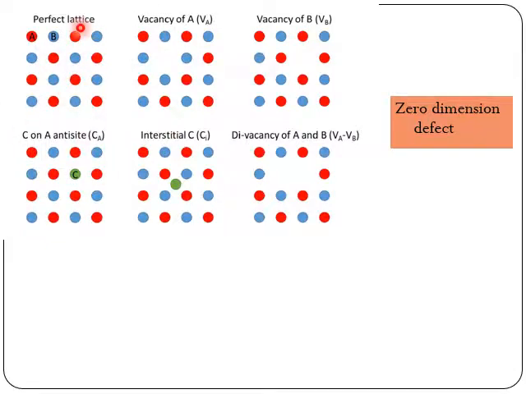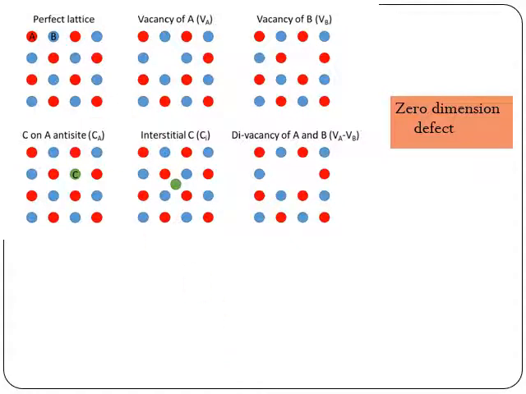Okay, so this is a perfect crystal where we have an AB arrangement. When we say there is a vacancy, it will be created like this. Here the red color atom is missing. If not, the blue color atom may be missing.